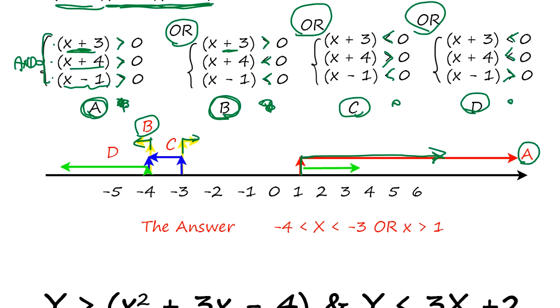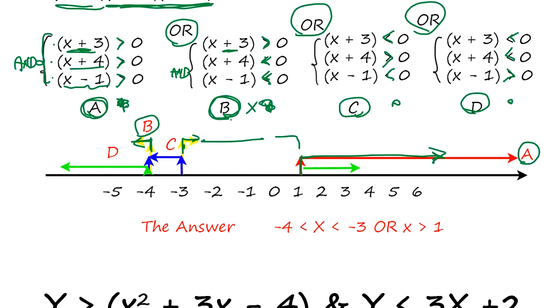There is overlap between this and this, but no overlap for this one. Remember, this is AND. We have to satisfy all conditions. So there's no number that satisfies all 3 of them. So B has no answer.